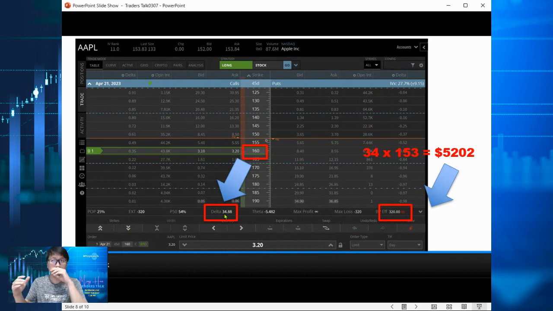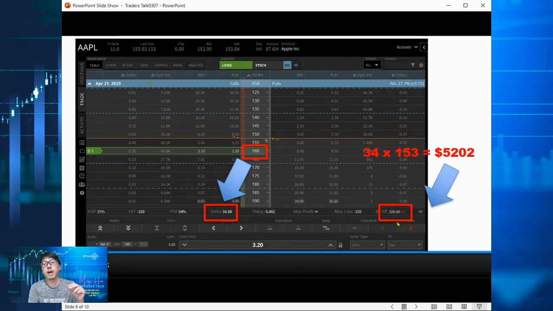Why 35 Apple shares? Because you remember the definition of delta: a $1 move in stock price is how much movement in the option price. So you are holding indirectly 35 Apple shares by buying this 160 call at $320.